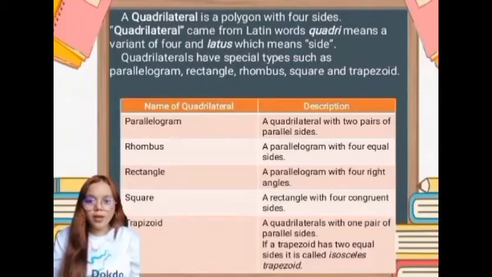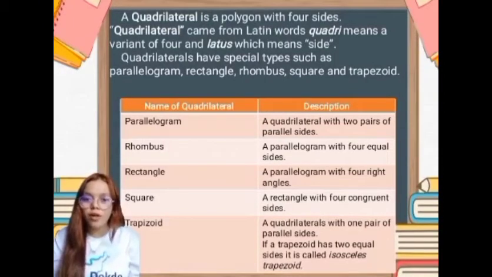A quadrilateral is a polygon with 4 sides. Quadrilateral came from the Latin words quadri, a variant of 4, and latus, meaning side. Quadrilaterals have special types such as parallelogram, rectangle, rhombus, square, and trapezoid. A parallelogram is a quadrilateral with 2 pairs of parallel sides.